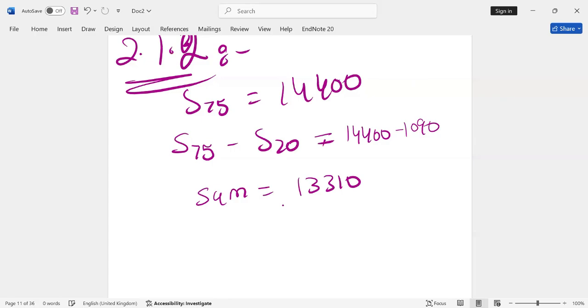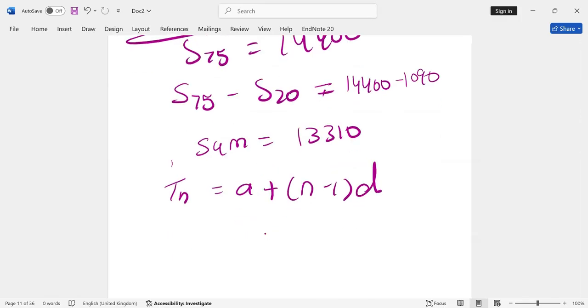So the terms added are from T21 to T75. So we first need the general term Tn for the series, using Tn equals a plus (n minus 1) into d. So let's put the values in this. We have 7 plus (n minus 1) into 5.